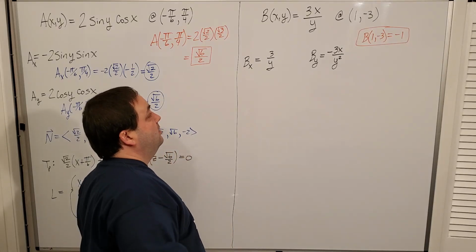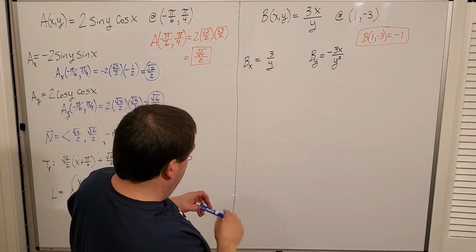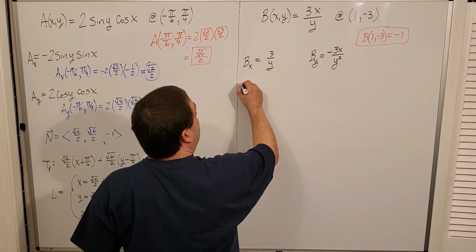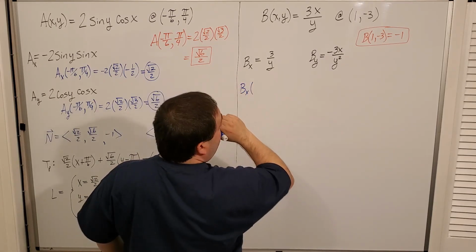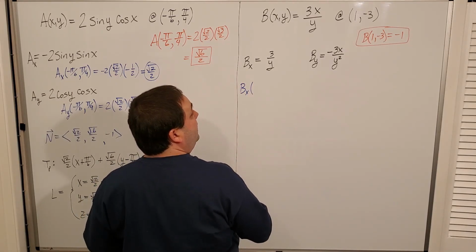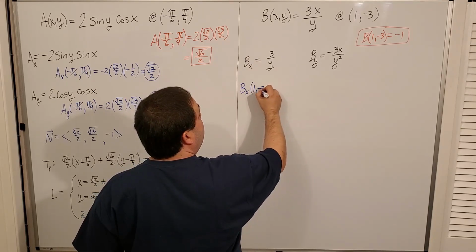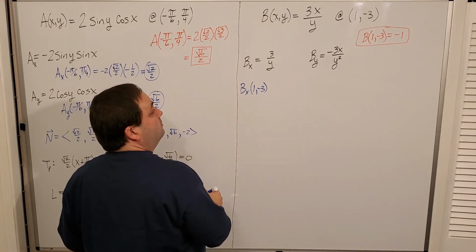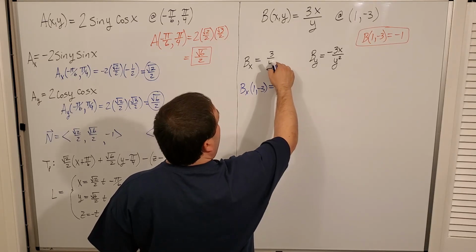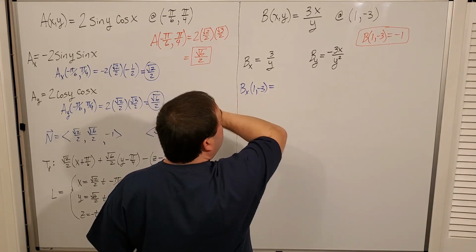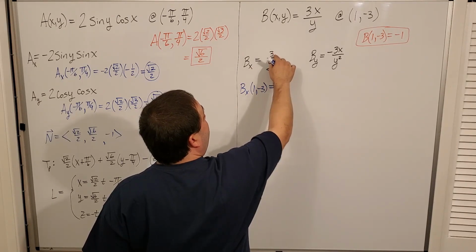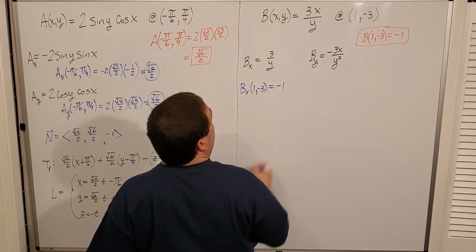All right, so let's get our values here. The partial derivative with respect to x at the location 1, negative 3 is solely based on y, right? So I just have 3 over negative 3, which is negative 1.